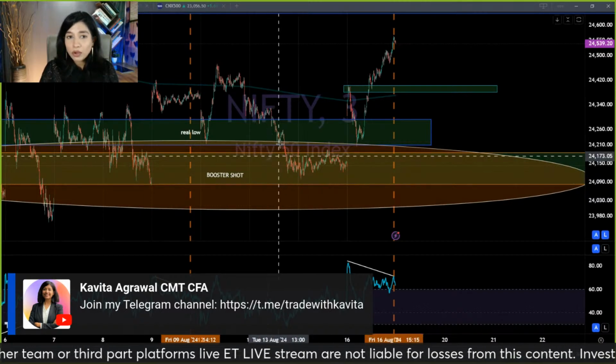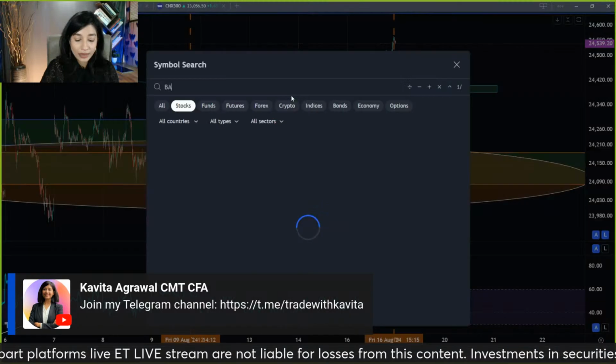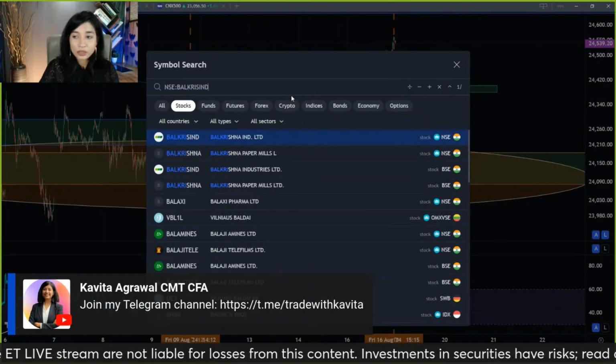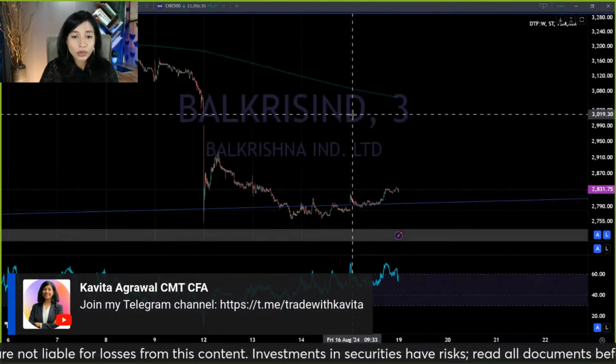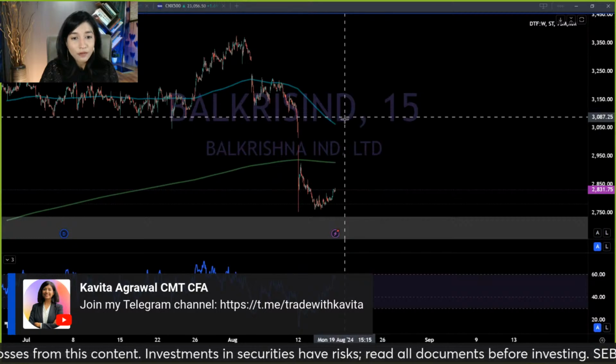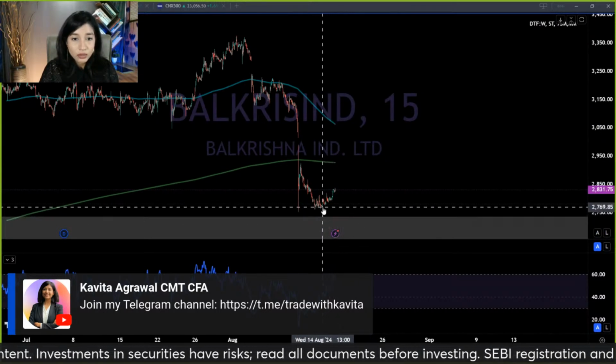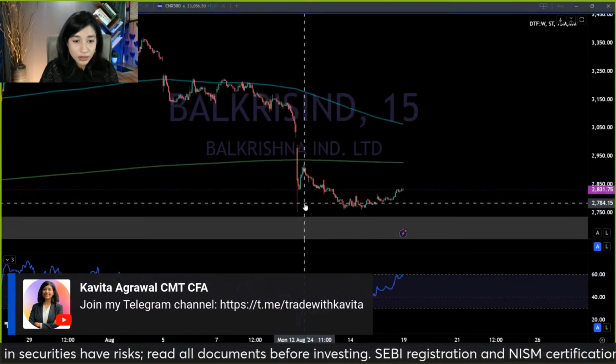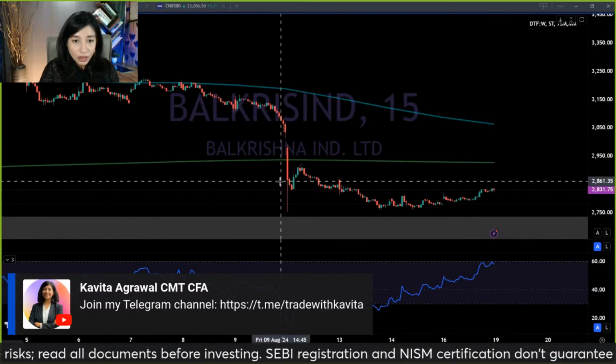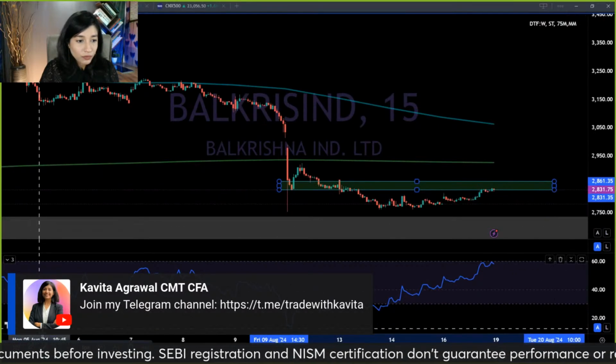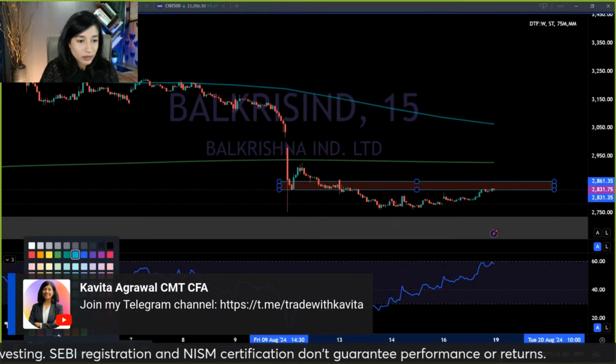So Satvik on Zoom is also asking for the analysis of Bal Krishna Industries, and you want to look at the stock from the perspective of fresh entry. All right. So I can see that a bottom was forged here. So let's correct the colors.